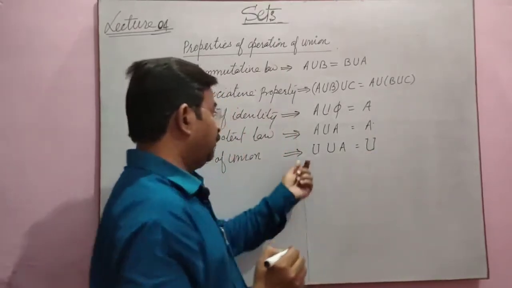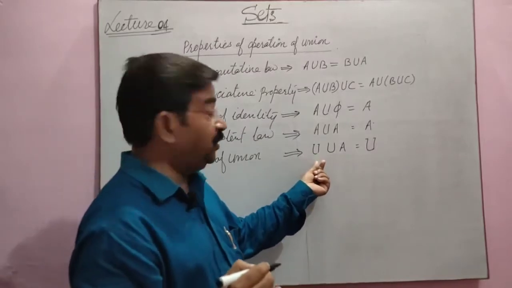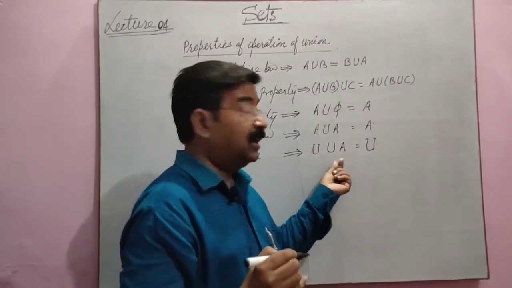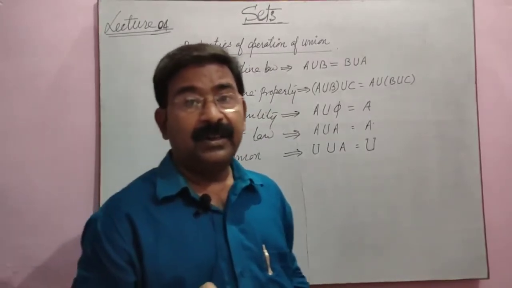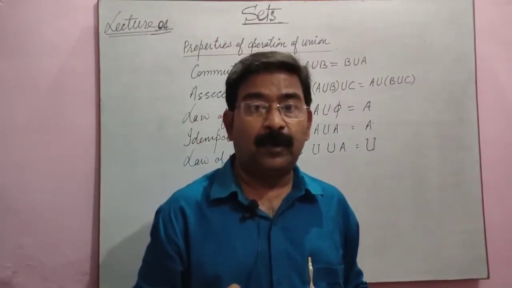If we find the union of the universal set and a set, the result is the universal set. Got it? This property you have to memorize.